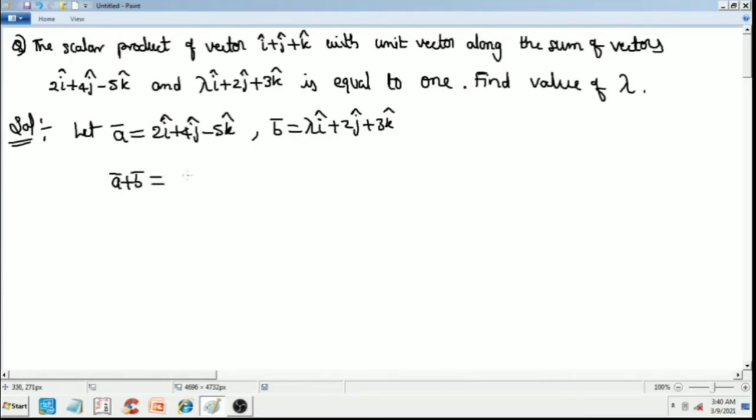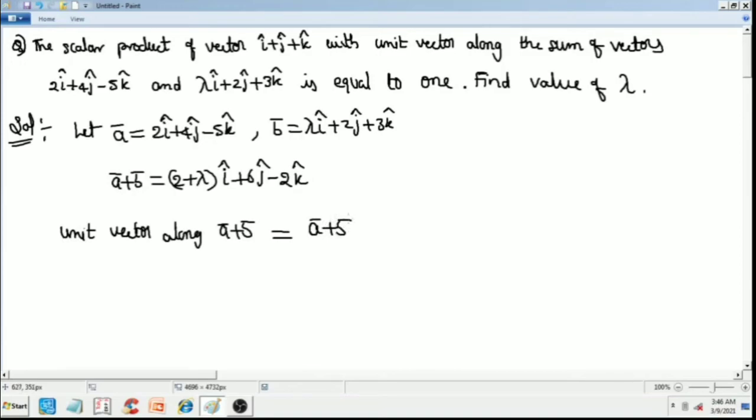a bar plus b bar is equal to 2 plus lambda i, 4 plus 2 is 6 j, minus 5 plus 3 is minus 2 k bar. This is a bar plus b bar. Unit vector is actually what we need. The unit vector along a bar plus b bar is equal to a bar plus b bar divided by the magnitude of a bar plus b bar. So first find the magnitude here.